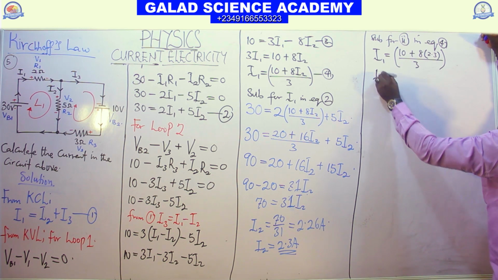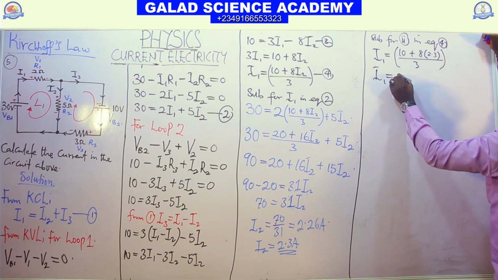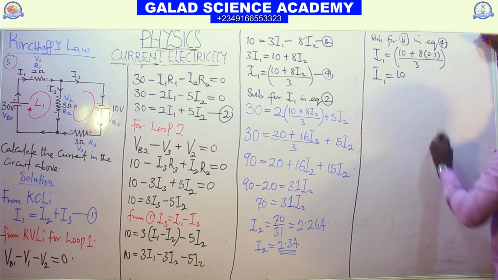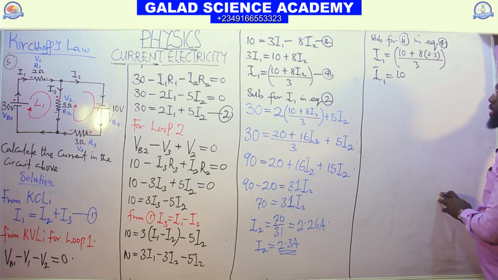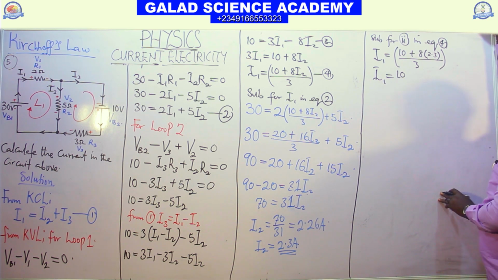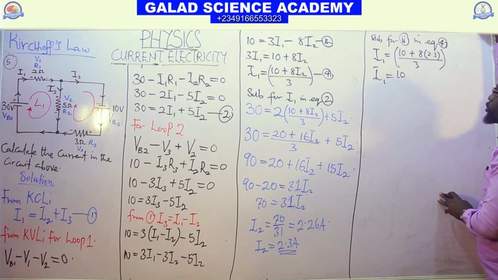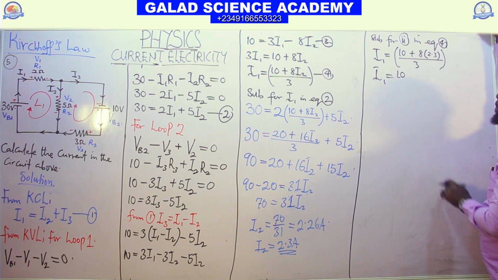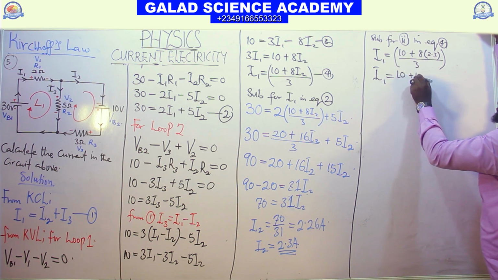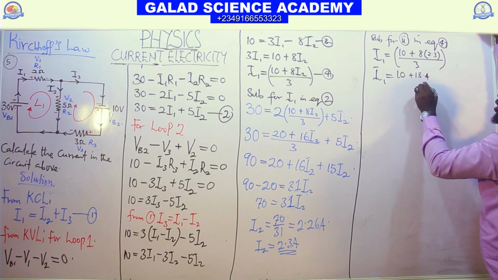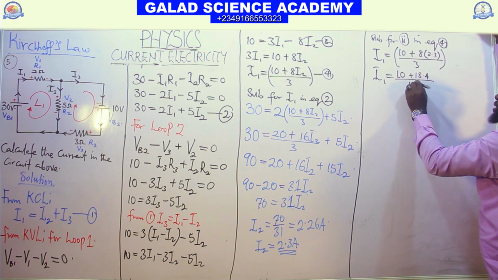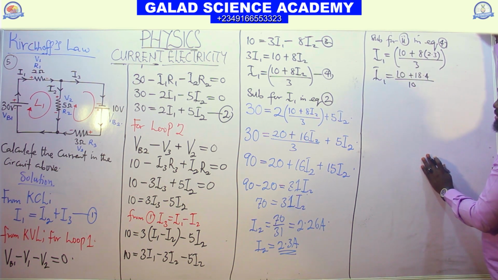So we now have I1 equal to 10 plus 8 times 2.3. 8 times 2.3 will give us 18.4.